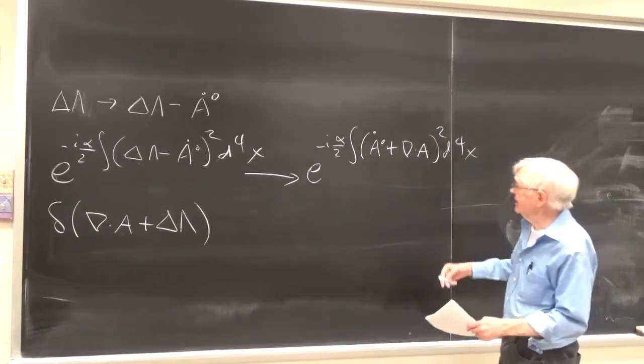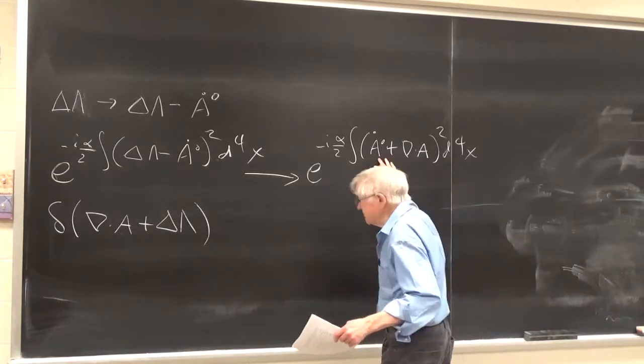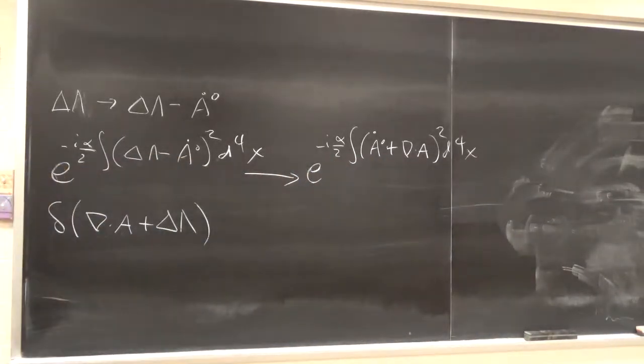And now when you put that in, these terms combine in the interaction with these nice gauge invariant terms and louse up the gauge invariance, so that you now have a gauge fixing term.